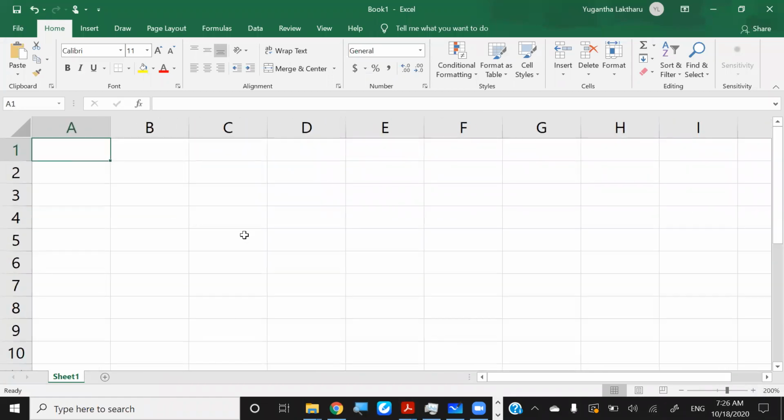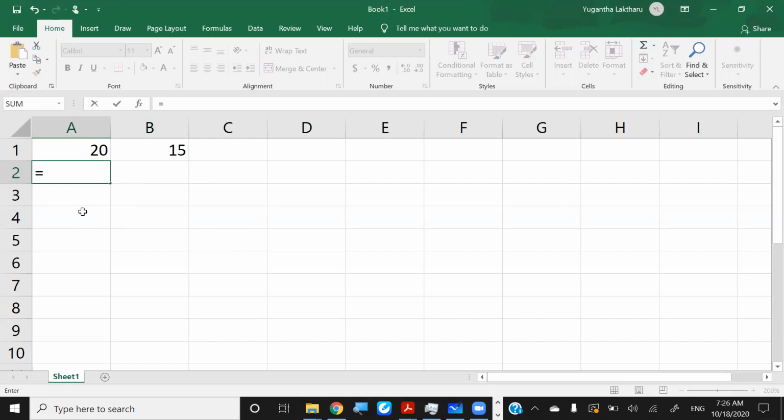Right now, if I take two figures like 20 and 15, and assume that I need the subtraction of these two in the A2 cell, the way I'm going to write it using the sum function is like this. Your values are in A1 and B1, and I'm going to subtract A1 minus B1.